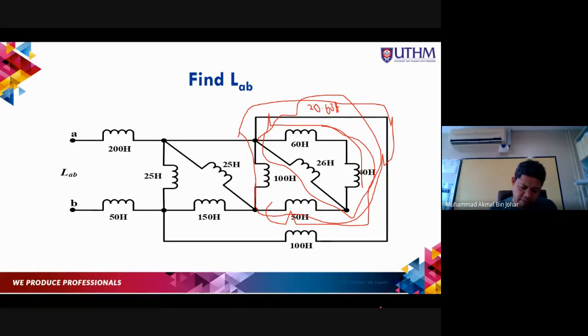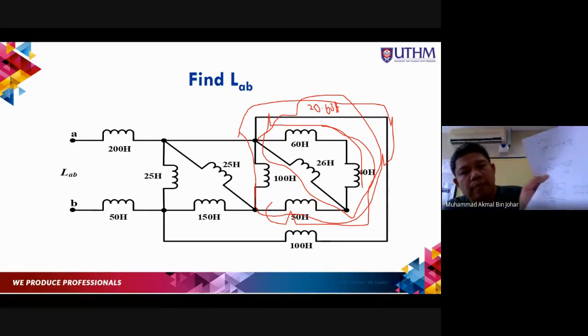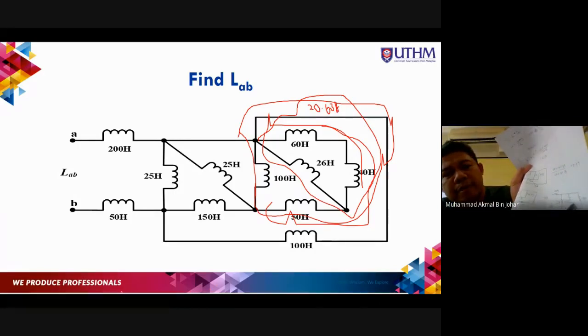Okay, then you get 60. When you try to calculate or determine the value here between these two parallel, then you get a 62.34 Henry.